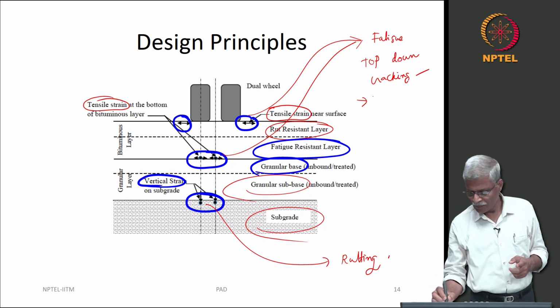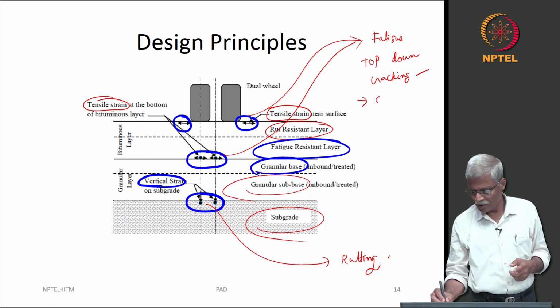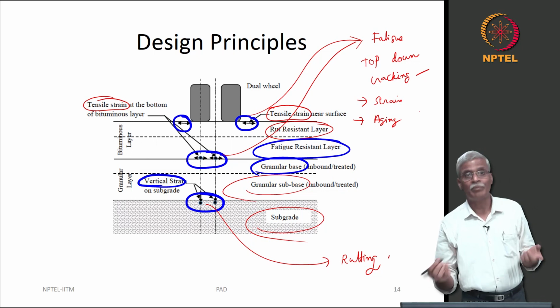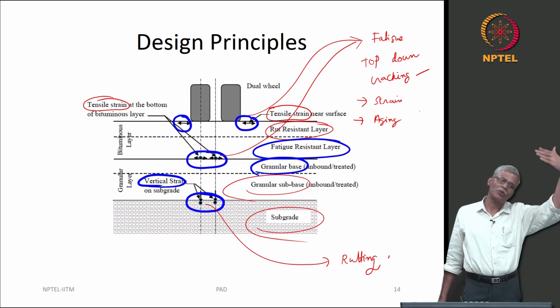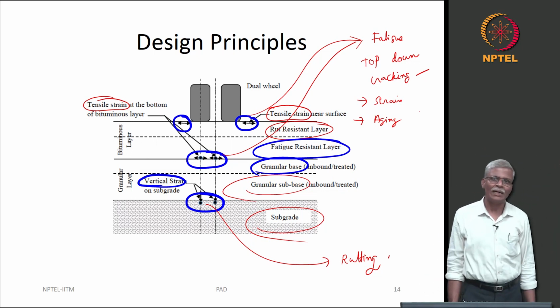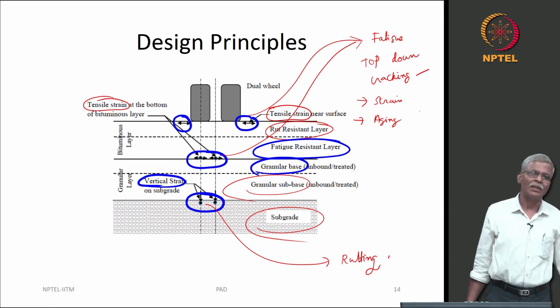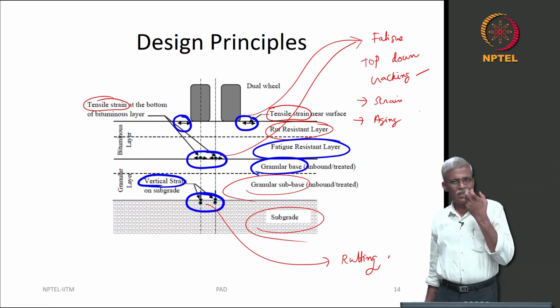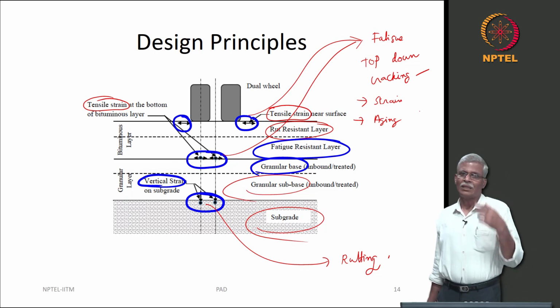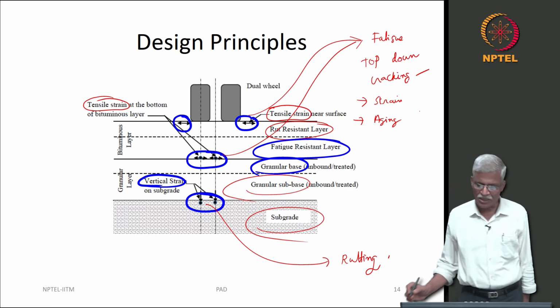Number 1, strains. Number 2, because of the aging that happens, because it is the surface that is exposed to the environmental condition, there is aging that happens, the material becomes stiff, right, and then I have also substantial strain.